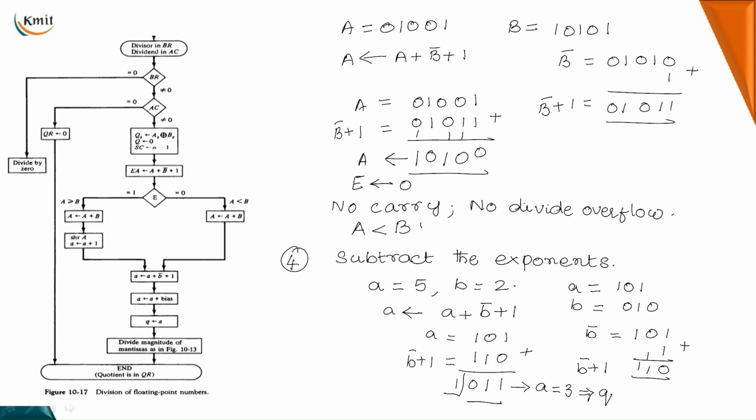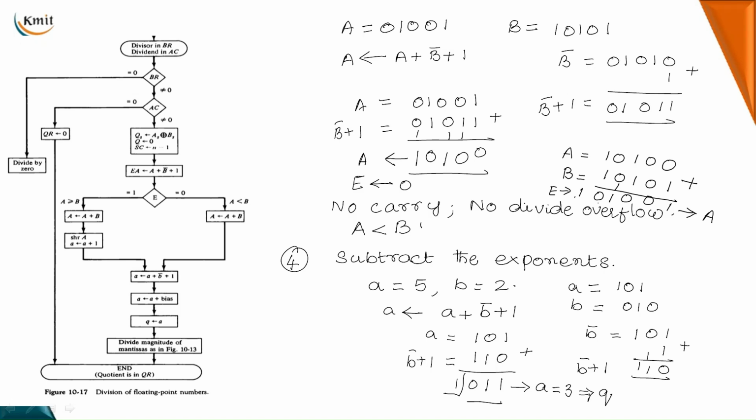So there is no divide overflow, but we have to restore the value of the dividend back into A. So for that you have to again add the divisor to the dividend to get the original value of A. So you take this particular value of A, which is 10100, and we have to add B. So what is the value of B? 10101, because we have subtracted previously to check the value of E. Now we have to again add it so that it becomes 1 00101 with E equal to 1.